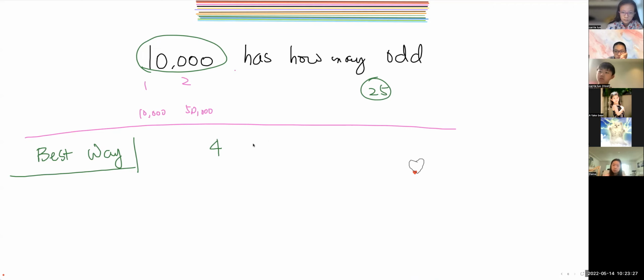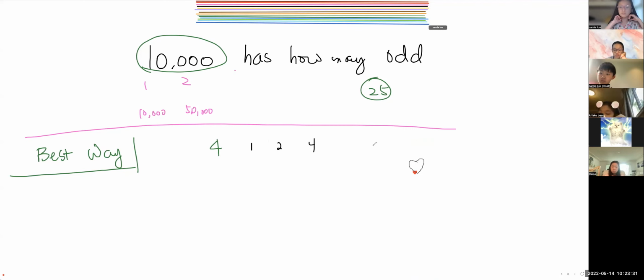So let's see, 4. 4 we know is very easy: 1, 2, and 4, right? We learned the method before: 4 equals 2 to the power 2. So the factors are 2 to the power 0, 2 to the power 1, and 2 to the power 2.